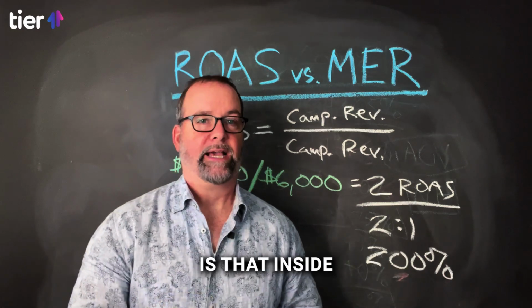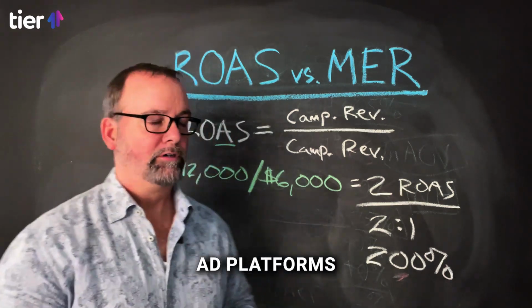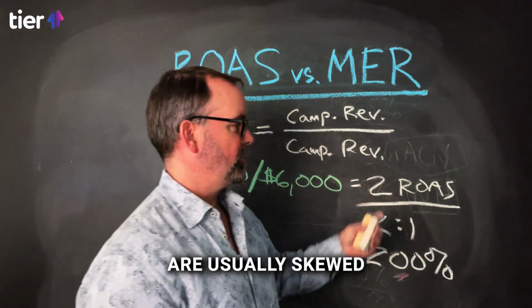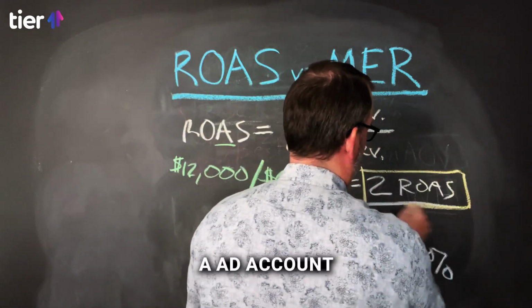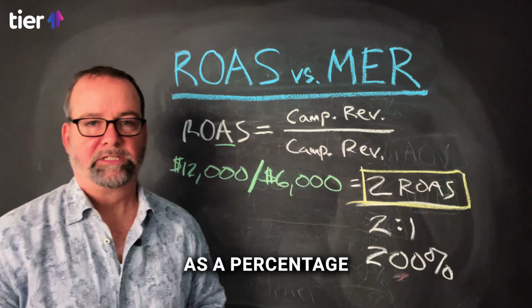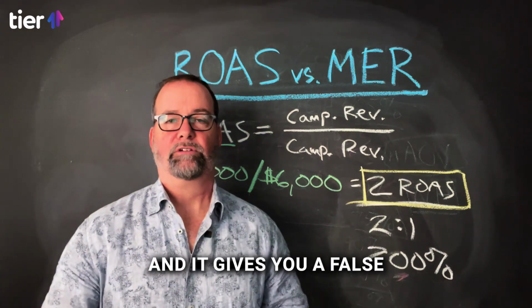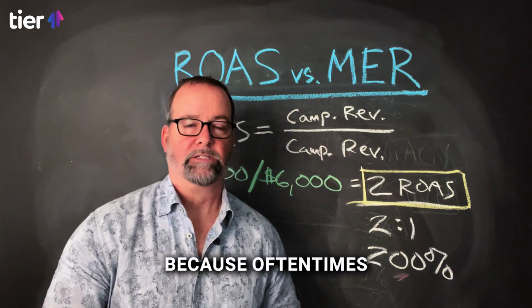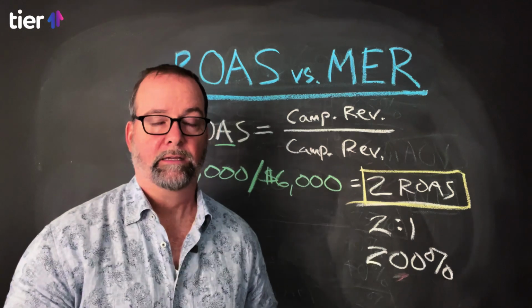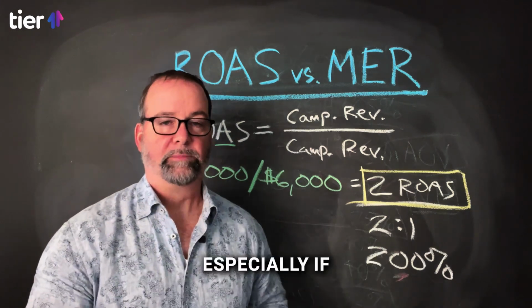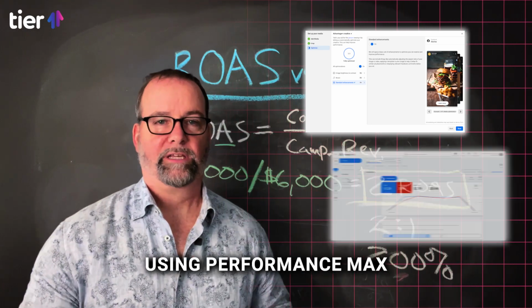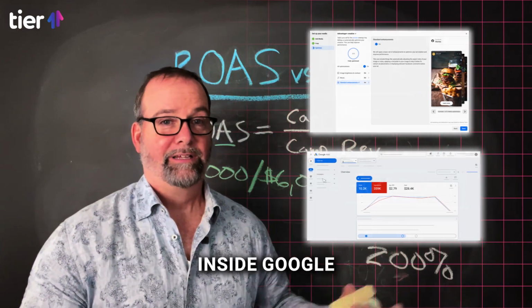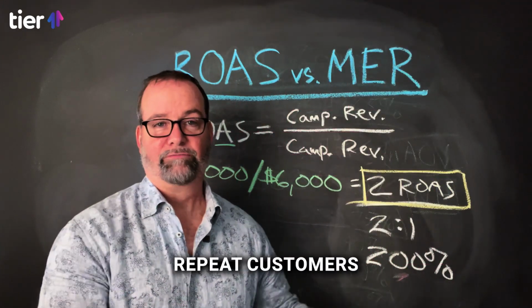The problem is that inside the individual ad platforms, these numbers are usually skewed, and that's the problem with looking inside an ad account. You see this as a percentage oftentimes, and it gives you a false sense of security. Because oftentimes when you are spending in Meta, in Google, especially if you're spending on Advantage Plus campaigns inside Meta, or you're using Performance Max inside Google, Google and Meta are targeting repeat customers.